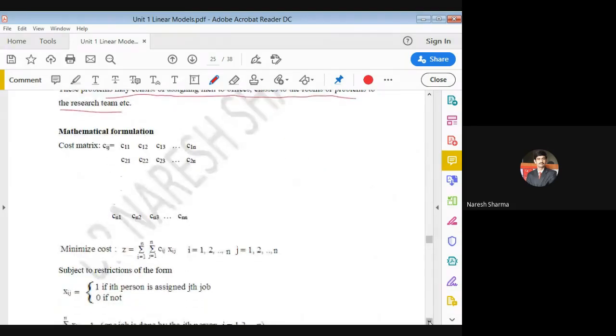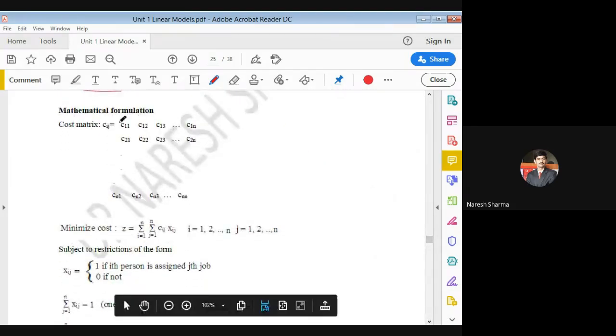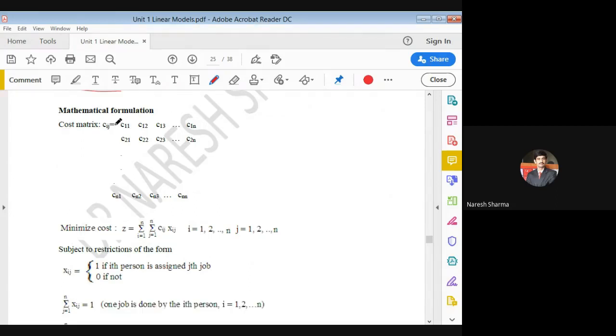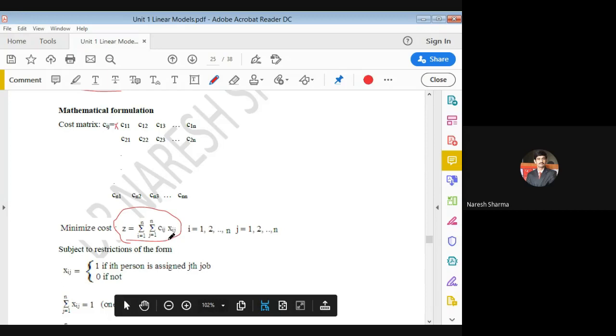So the mathematical formulation: this is the cost matrix as we already discussed. In normal optimization cases, we just multiply these costs with their allocations, that is x11, x12, x13, x14, and add them. That gives you the cost function Z, that is the sum of cij xij.